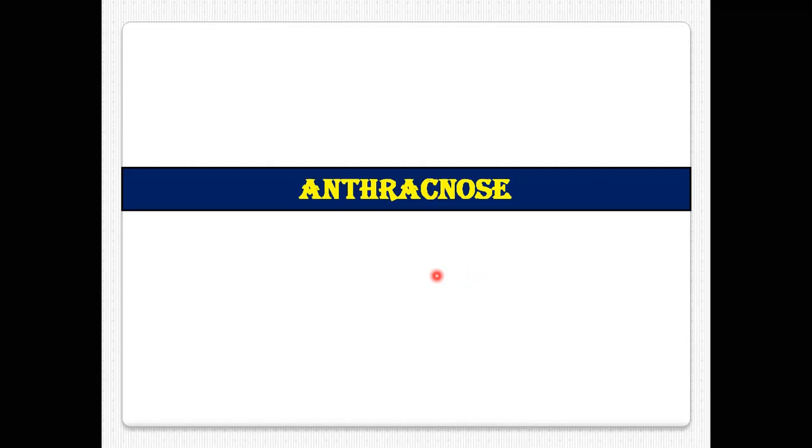Anthracnose has been reported in various countries, for example North, Central and South America, Colombia, European countries, Africa, Australia, and some parts of Asia. In India, anthracnose was first seen in the Nilgiri Hills in 1915. So this is the economic importance.